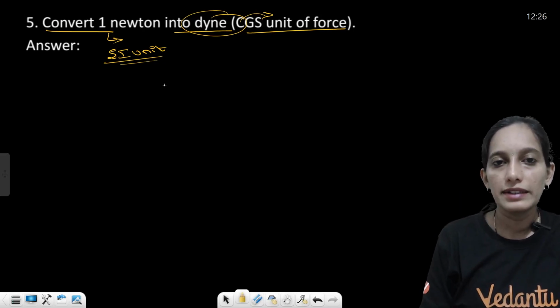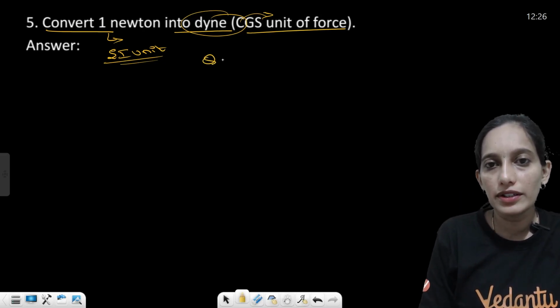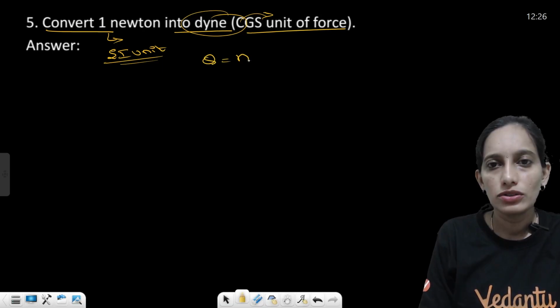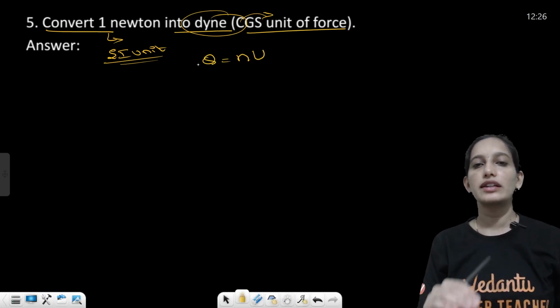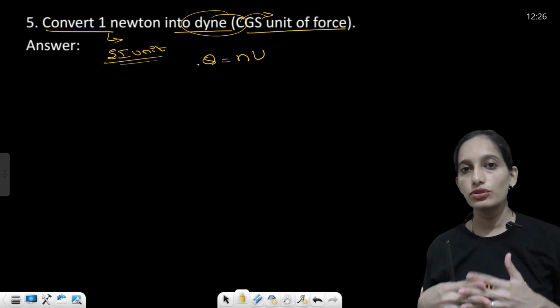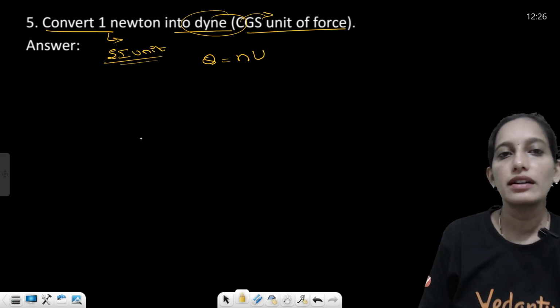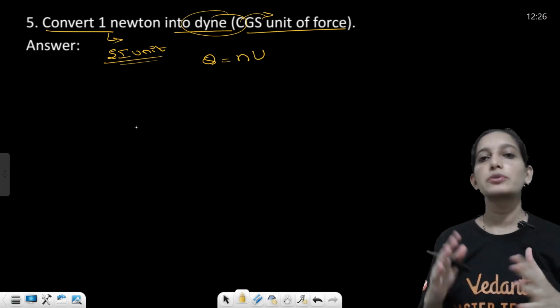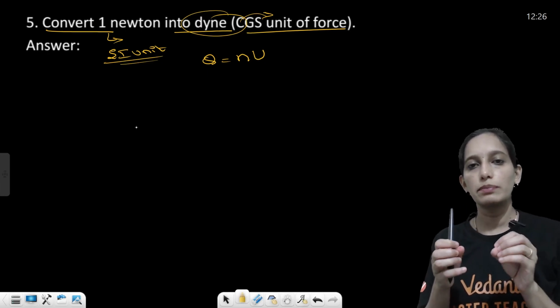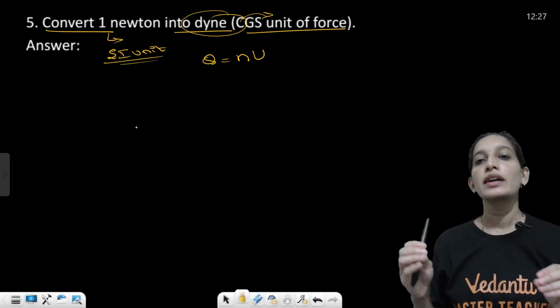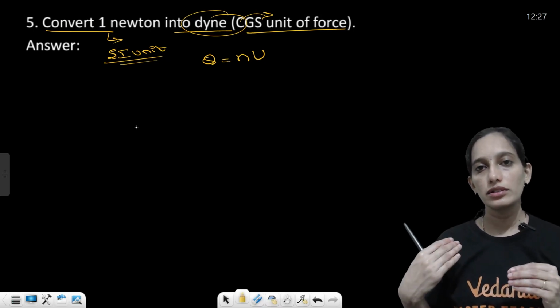Okay. So basically any physical quantity, we know that this is going to have its size or magnitude or some numerical value, n, into its unit, correct? Physical quantity, we write it as q is equals to n into u. Okay, so now when there are two systems, whatever I measure must be same. The amount of that particular force or whatever may be the physical quantity must be same irrespective of the system of units.